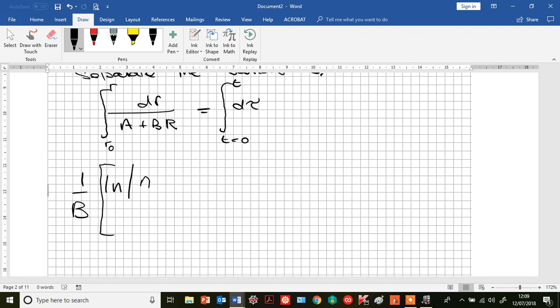So we've got the log of A plus Br in there, and we're integrating from r0 to R, and that's equal to the right hand side integrated, which is just tau between the limits of t equals 0 and t, right?